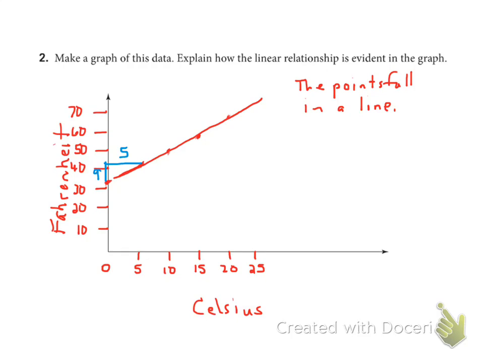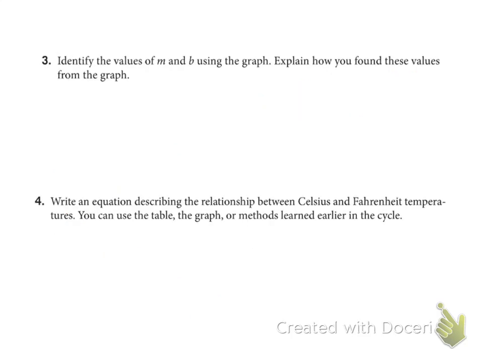When the Celsius is 0, the Fahrenheit is 32. And specifically in the graph, it's where the graph crosses the y-axis. Okay, so again, the slope is 9/5. Rise is 9. And run is 5. B is 32, and its significance is that's where the graph crosses the y-axis.